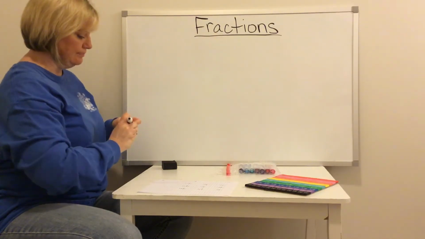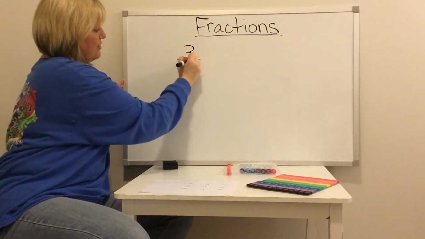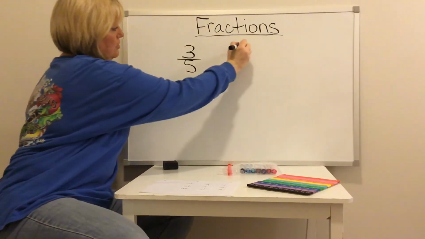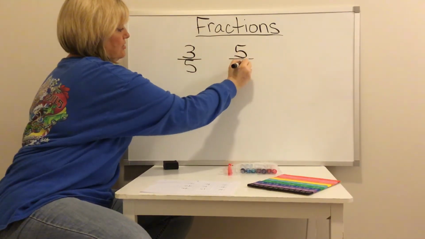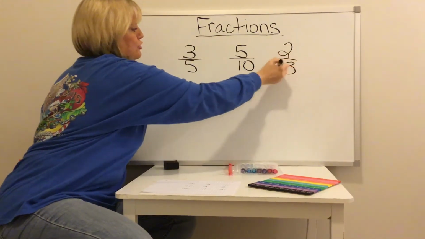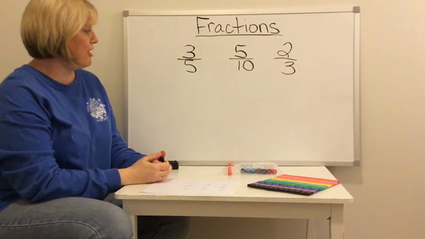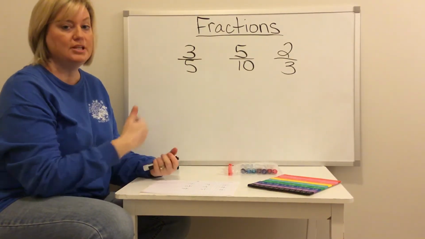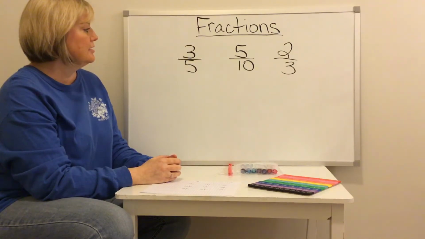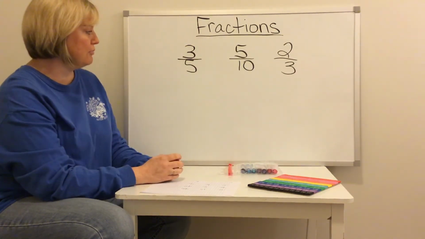So let's say we had the fractions 3/5, 5/10, and 2/3. If you were looking at those 3 fractions and you had to order them from least to greatest, it would be very, very difficult to do that just by looking at those numbers.